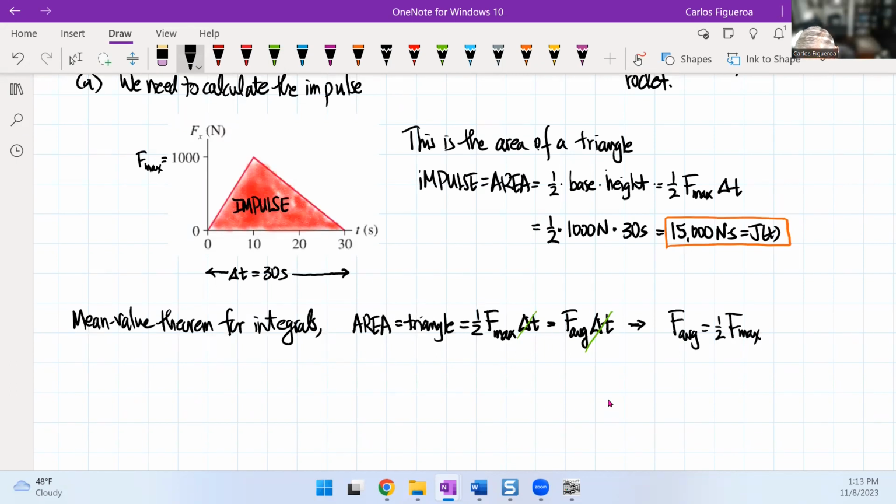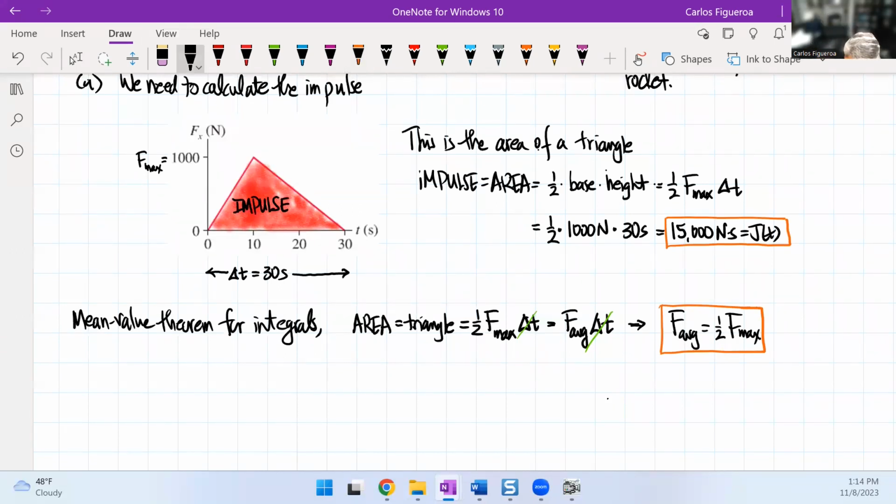Isn't that shocking? By the way, that is not true for a normal impulse curve. This is only true for a triangle. So now I have a term that allows me to calculate the average force.